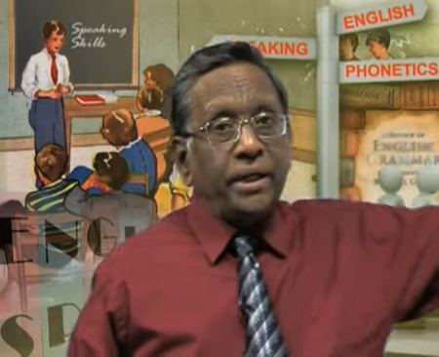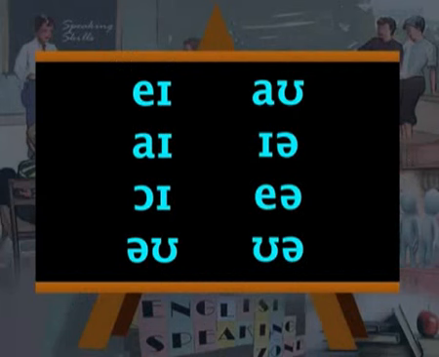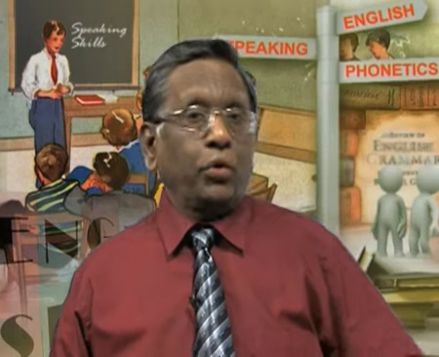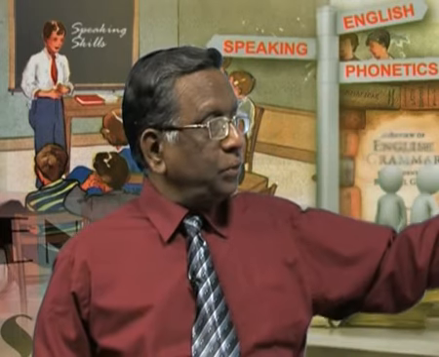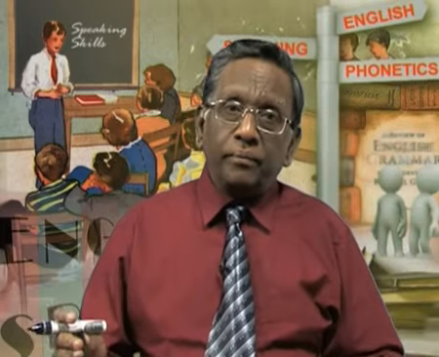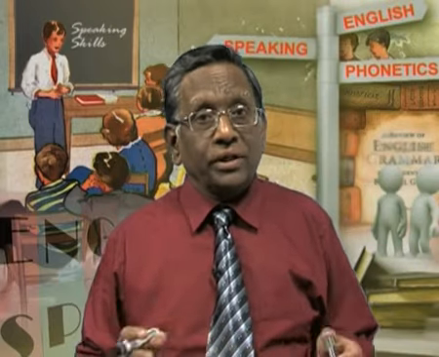These are meaning changing sounds in English, 8 diphthongs. And we have to pay attention to these because we do not have many of these in Indian languages. We have to acquire them in order to speak English well. If you substitute one for the other, then there may be a problem in people understanding your English.